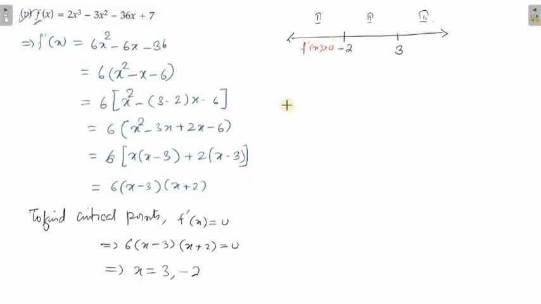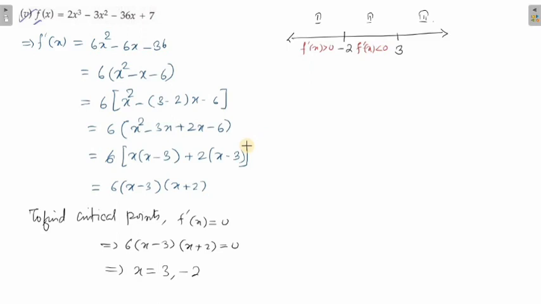Now let's check what happens in region number 2. Take any value, for example we can take 0. If you take 0, this becomes -3 and this becomes 2, so negative into positive is negative. So f dash of x is negative this time.